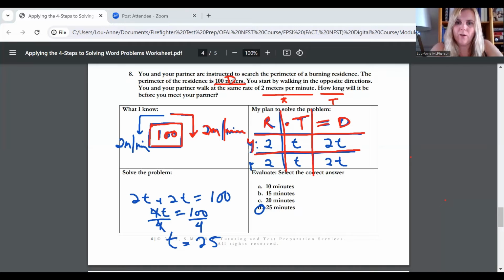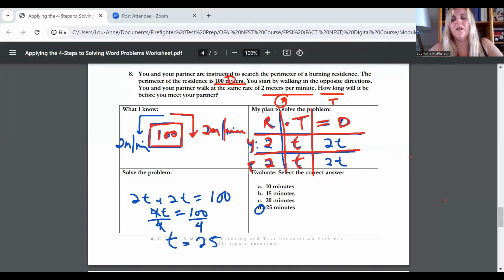So you got you, and then you have your partner, and then you fill in the table with the information that's provided. So your rate, like I said, is right here, 2 meters per minute. So you're going to plug that into the table for each of you. Your time is unknown, so we're just going to let T stand for time.